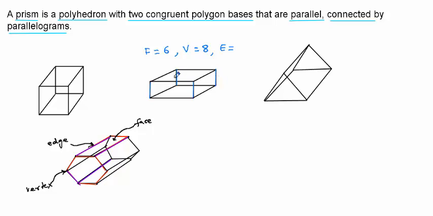So the total number of edges is 4 plus 4 plus 4, which is 12. And if you do F plus V minus E, you get 6 plus 8, that's 14, minus 12, which is 2. So the Euler formula works.